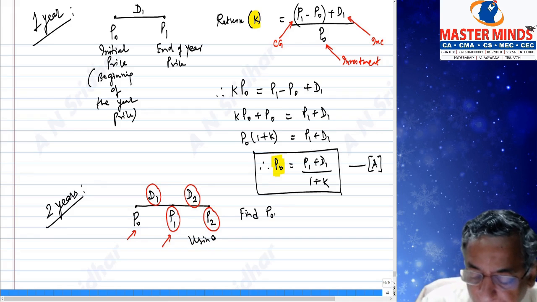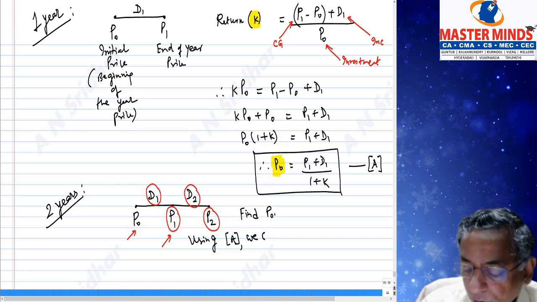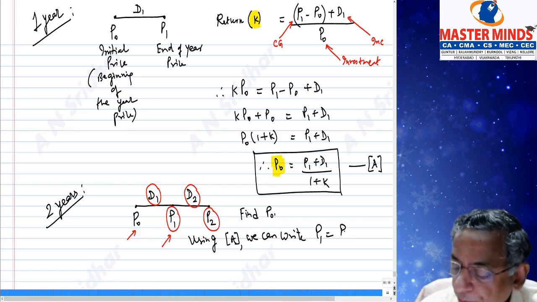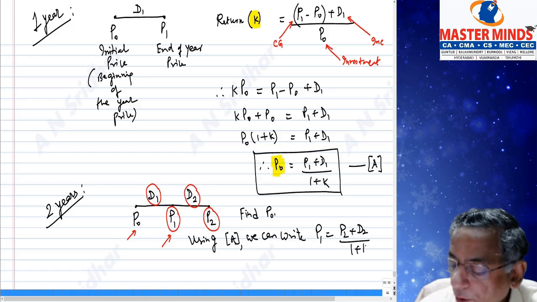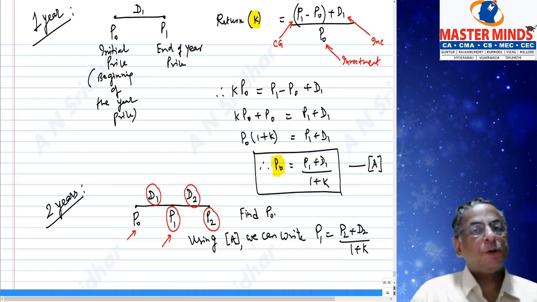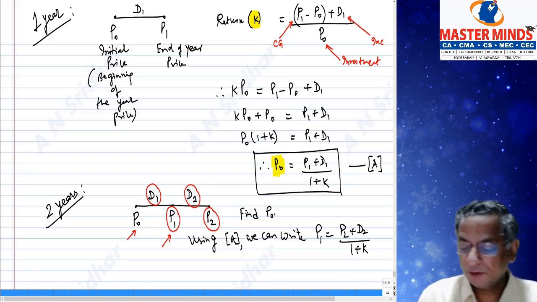Using A, we can write P1 equal to P2 plus D2 upon 1 plus K. The way we wrote P0 using P1 and D1, I am writing P1 using P2 and D2.